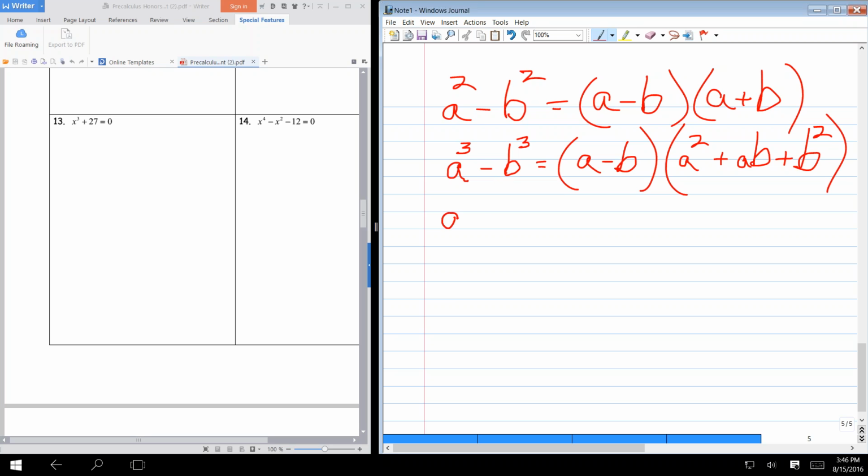And sum of perfect cubes also factors. Turns out that as long as it's an odd number, both sum and difference factor. If it's an even number, you only have the difference of perfect. Okay? Now, here the first term is linear, same sign, plus. Second term is exactly like this one, only opposite sign for the middle term.